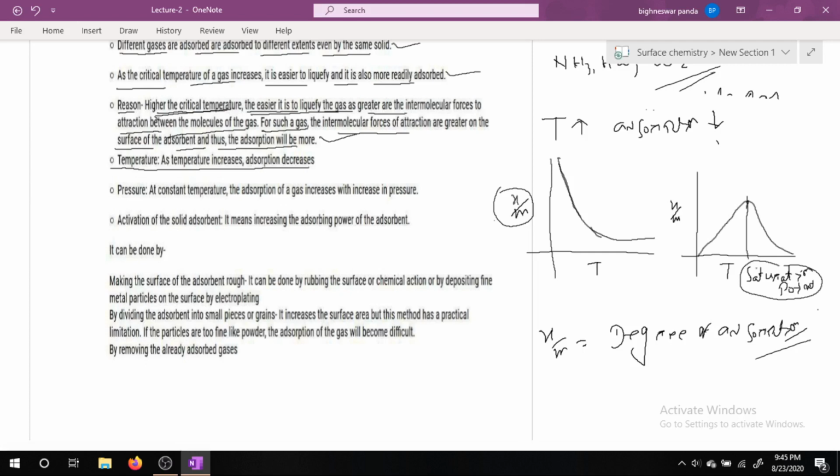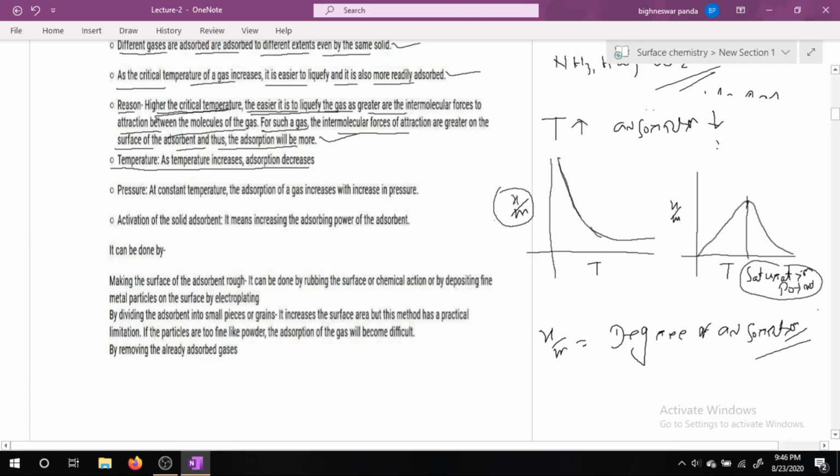The initial increase in chemisorption is because of the activation energy required. In chemical adsorption there is a formation of bond, so activation energy is required. This is why chemical adsorption is also called activated adsorption, which we have already discussed.